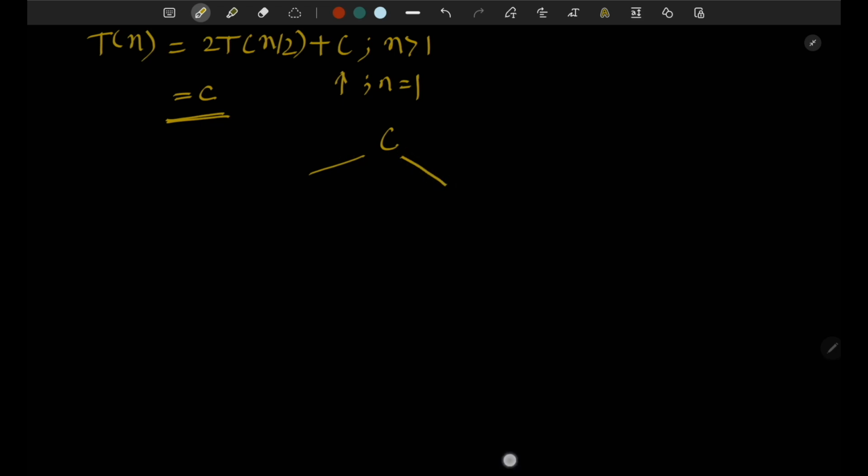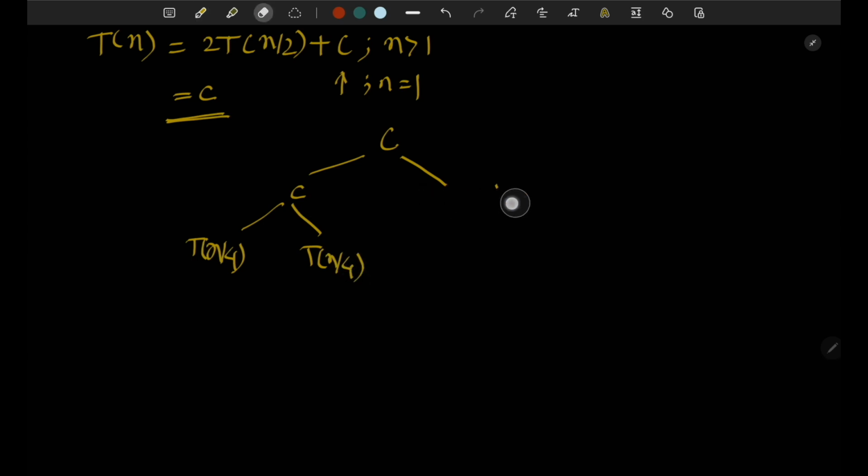So we have c, and then we have t of n by 2, t of n by 2, and again if we do some constant time of work here, then we are going to divide it into two more subtasks, which is t of n by 4. Why n by 4? Because the actual work was n by 2.